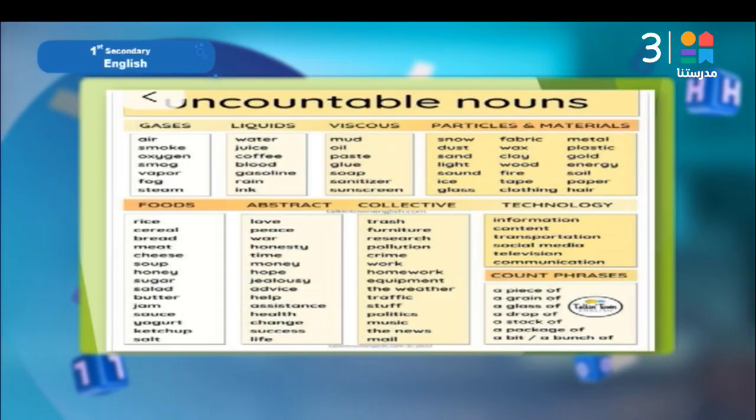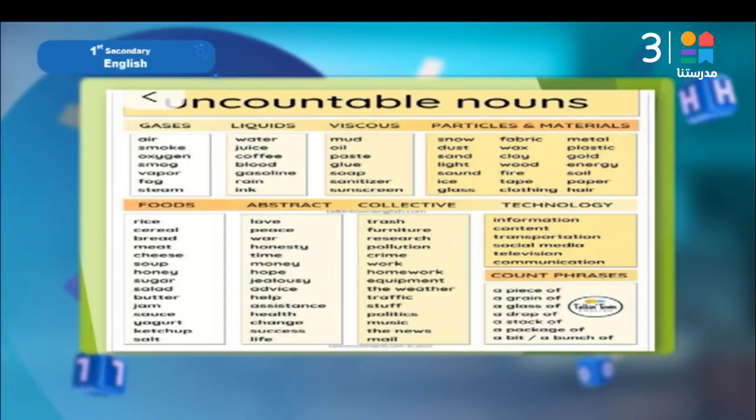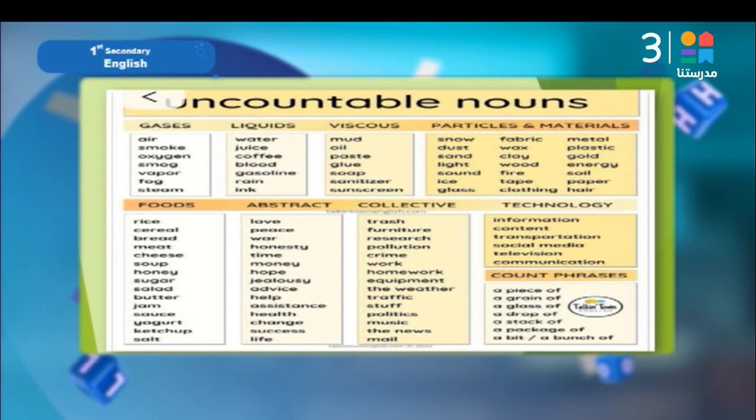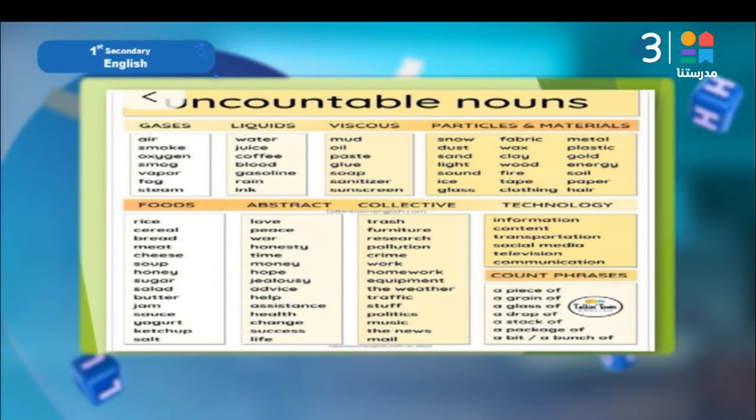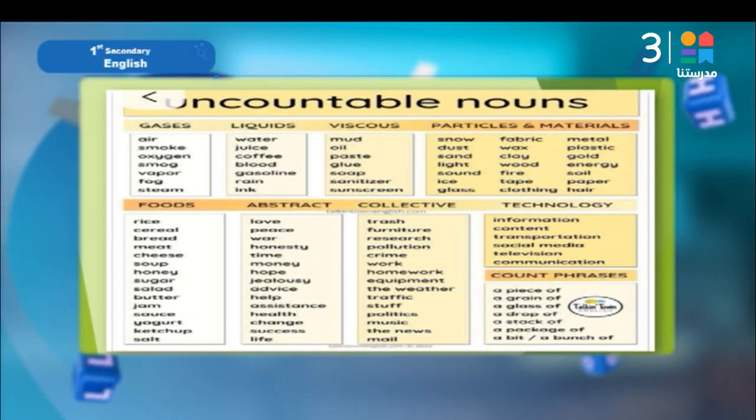The easy way is to put them in a container or use quantifiers. For example, like what? Like a piece of, a grain of, a glass of, a drop of, a package of, a bar of, a bunch of.